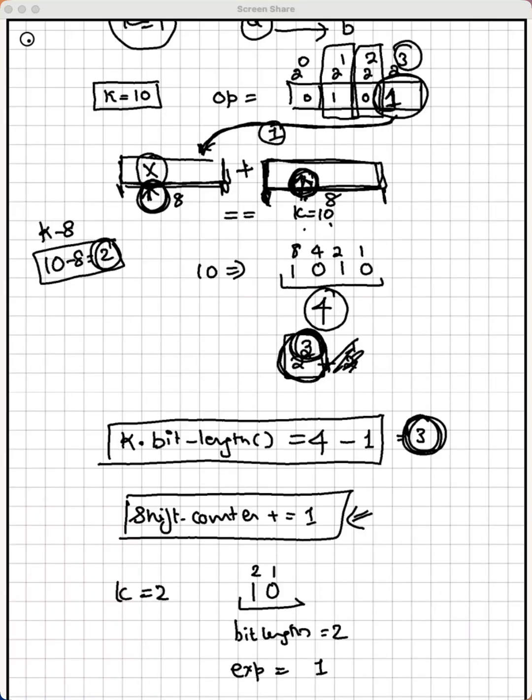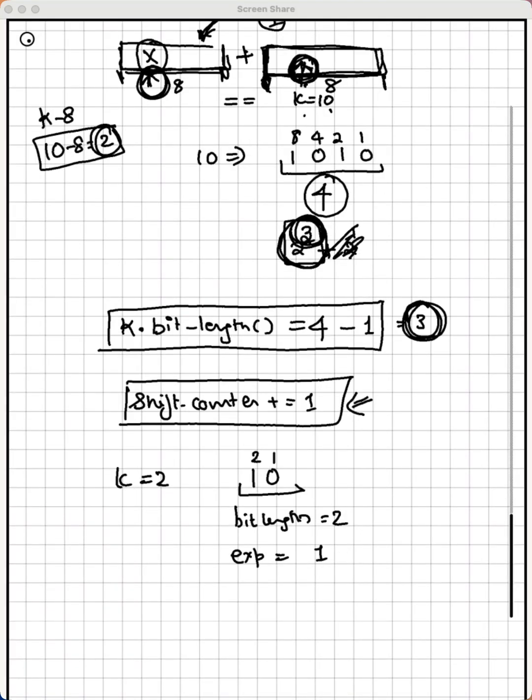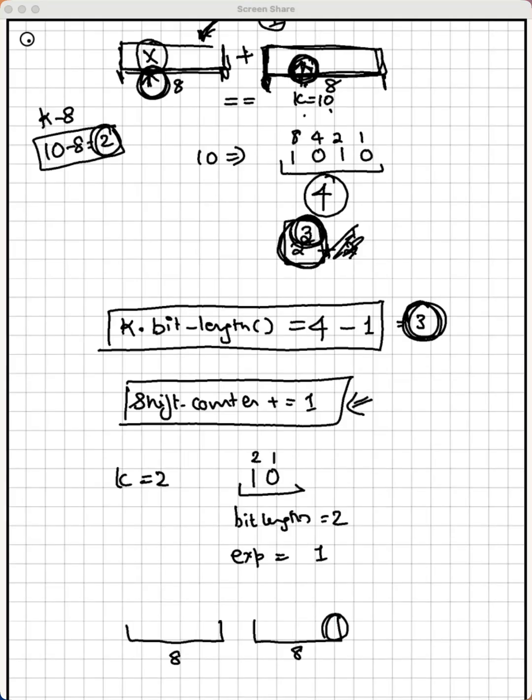But there is one catch here. It's actually not going to be this, not going to be that. It's actually going to be directly landing at this. The reason for that is, let's take the previous example itself, when we had 8 and 8. Our 16 was here, which should have gotten mapped to 8 here.